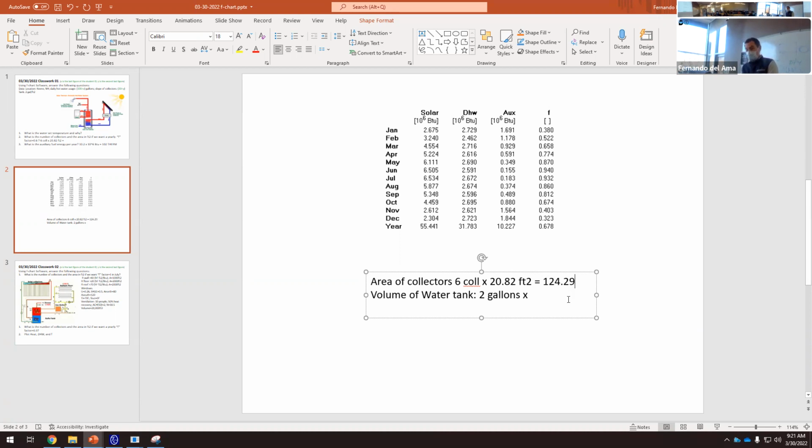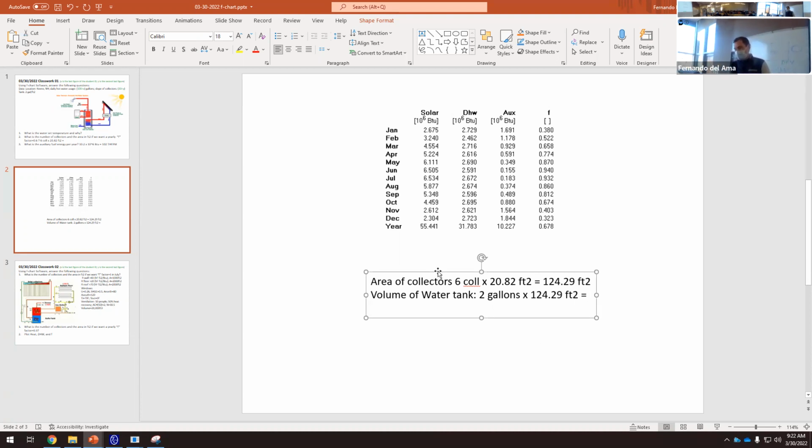So if I'm not wrong, this is 124 square feet. So what's the volume of the tank in gallons? It's 2 gallons times 100, the area of the collectors.